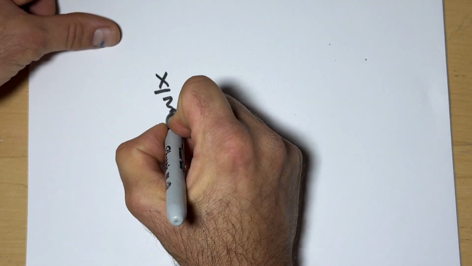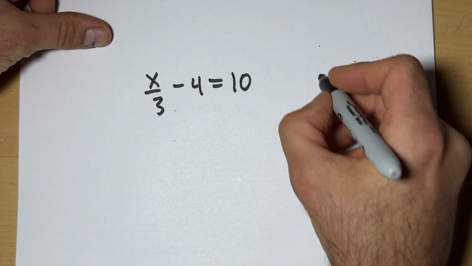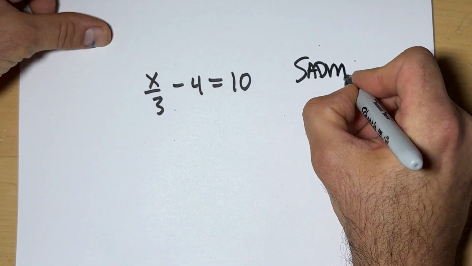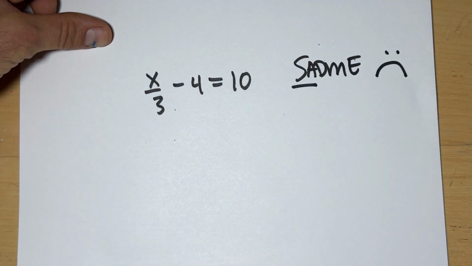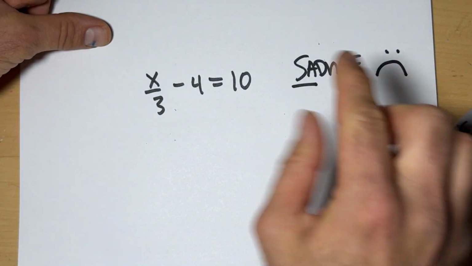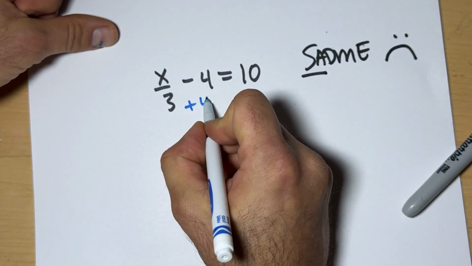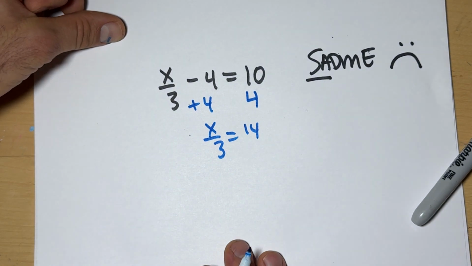Let's try another one. I don't know how to solve this. SADME. Well, let's do the adding and subtracting first. x divided by 3 minus 4. Let's work with the minus 4. Let's add 4. x divided by 3 equals 14.